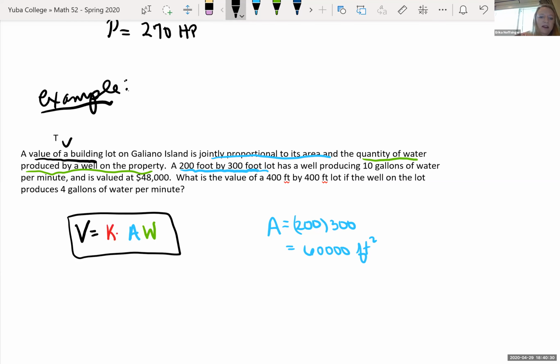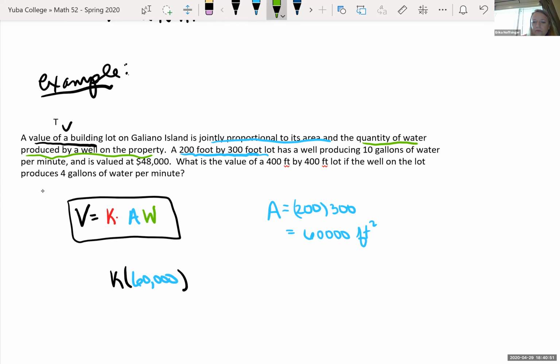We have K times A, which is 60,000, times our well. Our well is producing how much water? 10 gallons per minute. So times 10. And we're given the price of the lot. The V value is 48,000.